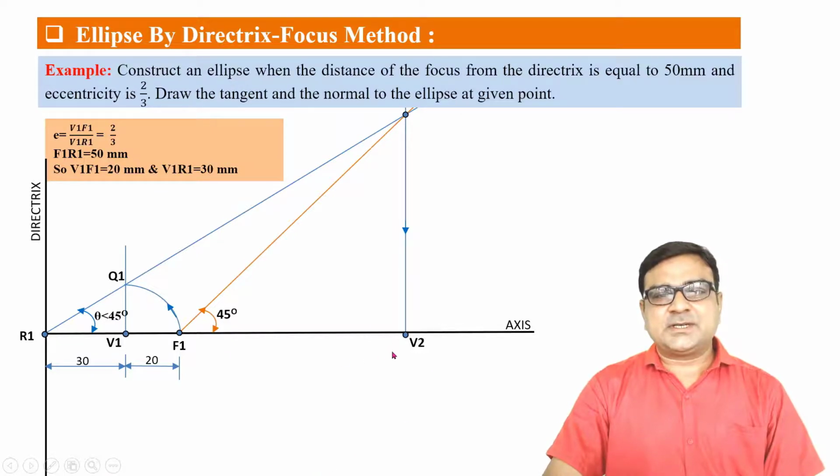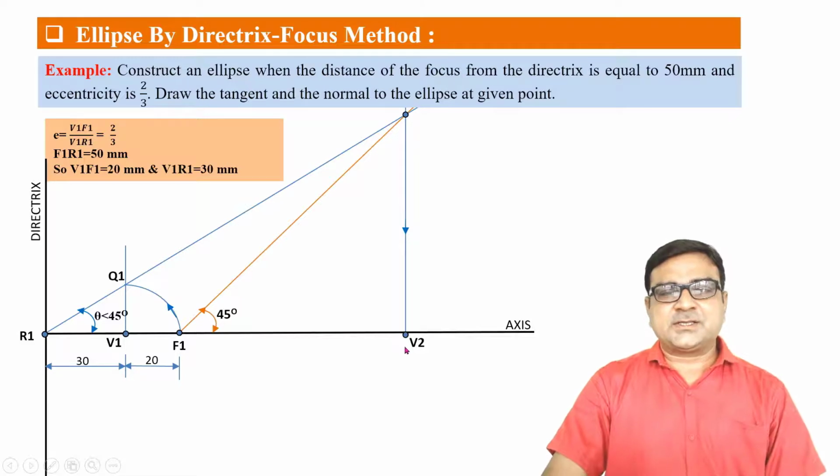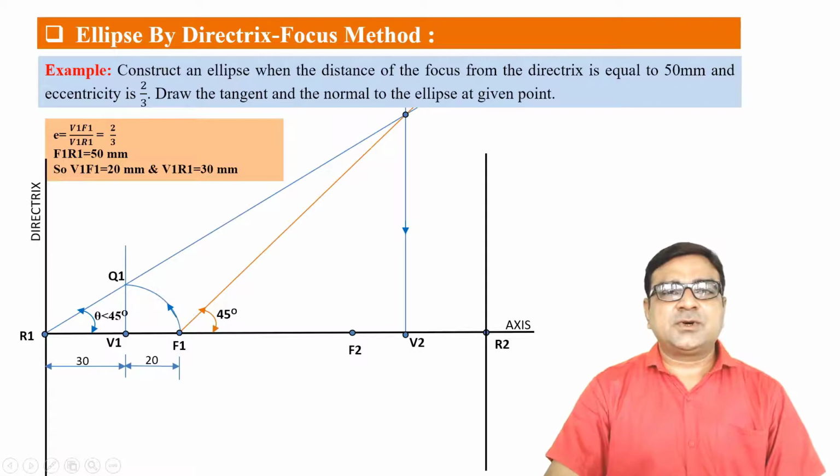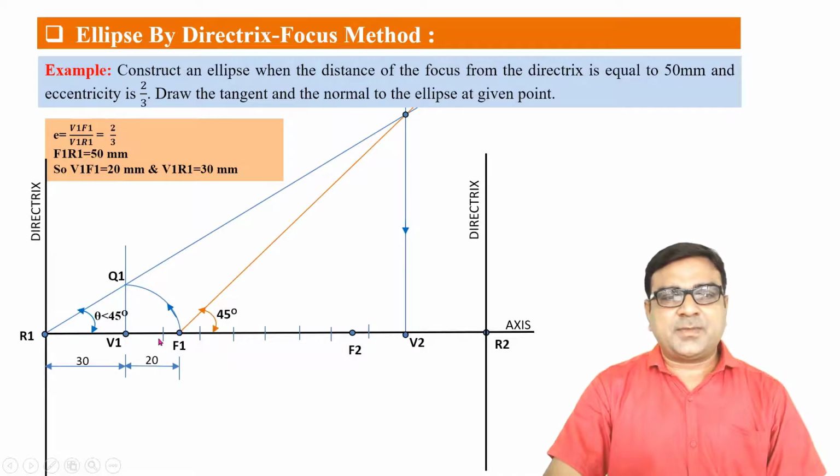This is the other end of the major axis, V2. So V1F1 is equal to V2F2 and R1V1 is equal to R2V2. Draw the other directrix. Now in the directrix method for the ellipse, we have to take a number of parts on this line between V1 and V2.